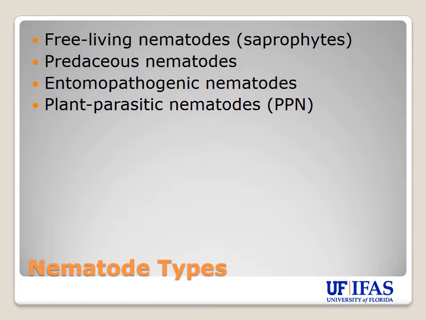Others are entomopathogenic nematodes. What this is, is nematodes that feed on insects. Like I mentioned earlier, some of them have actually been classified, separated, raised, and are now available for sale to be added to a garden to help control different insect problems. And then other ones that we would normally deal with are plant parasitic nematodes that feed on plants, primarily plant roots, but not always.